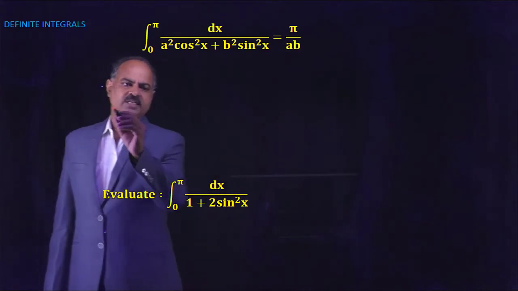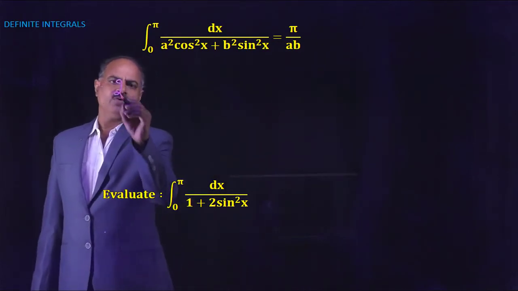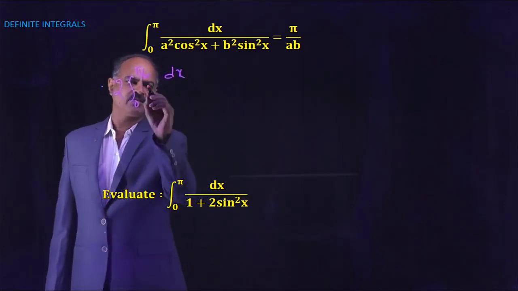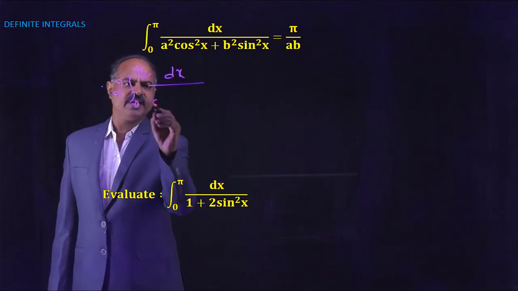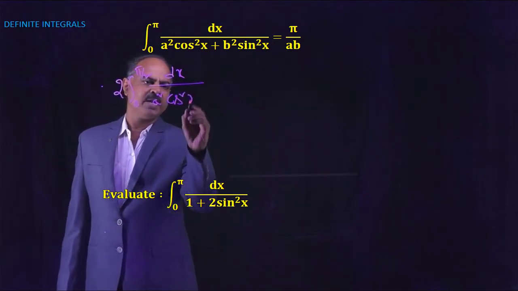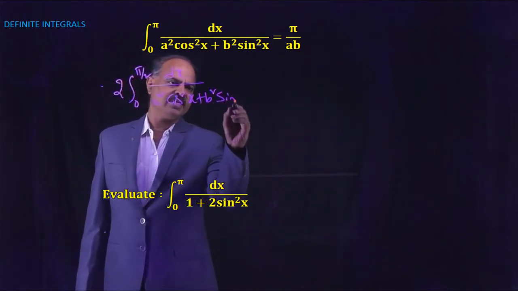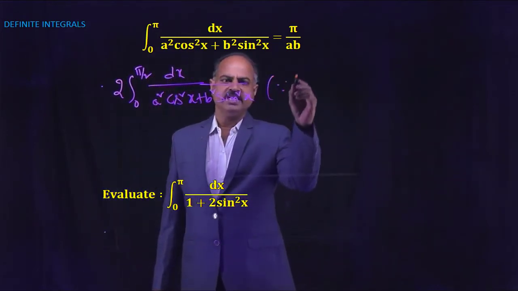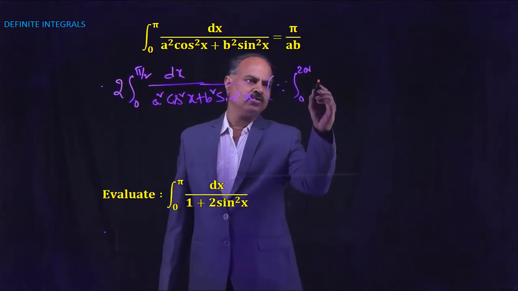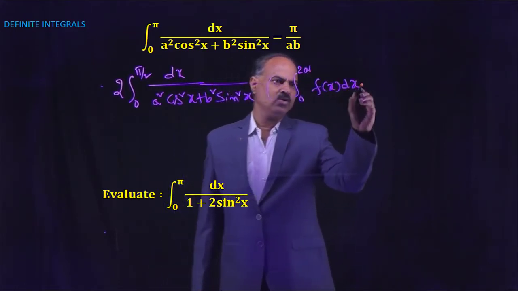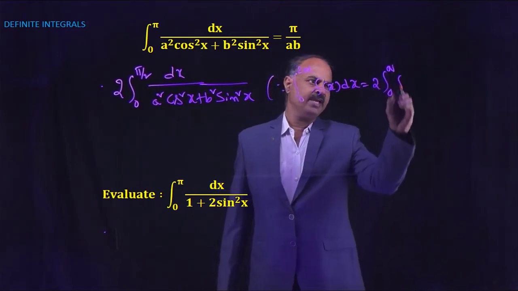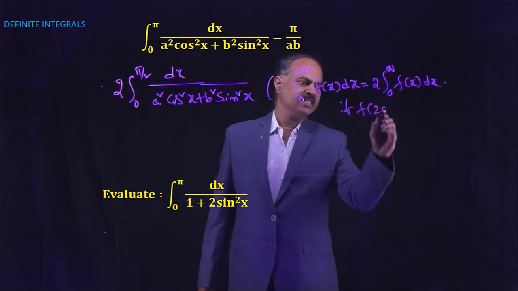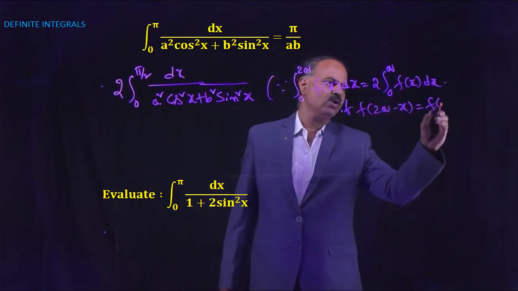Now here this can be written as 2 into integral 0 to pi by 2 dx by a square cos square x plus b square sin square x, since integral 0 to 2a f of x dx equal to 2 into integral 0 to a f of x dx, if f of (2a minus x) equal to f of x.